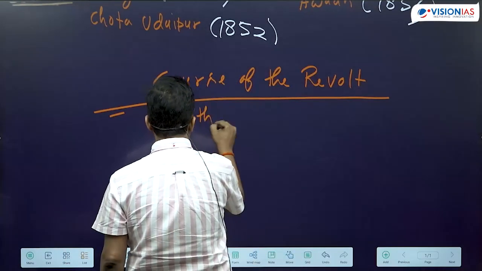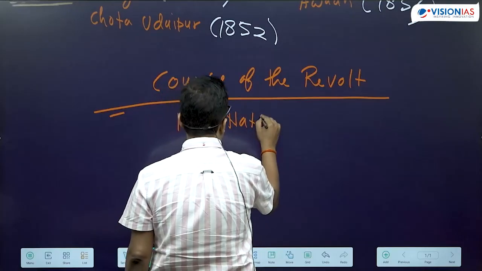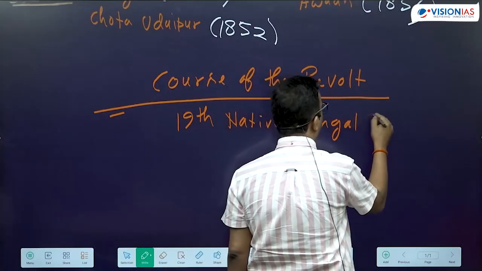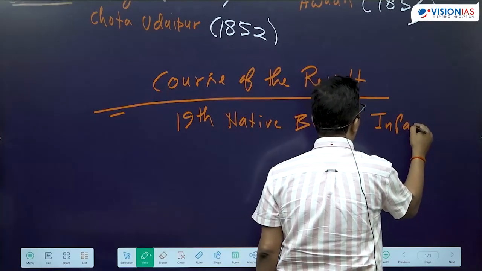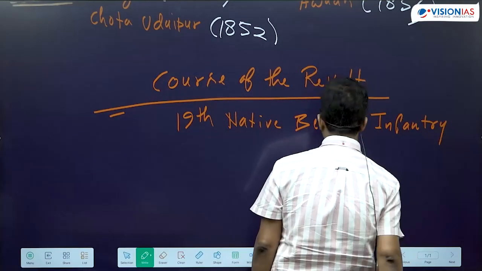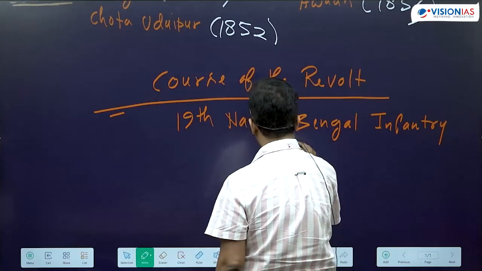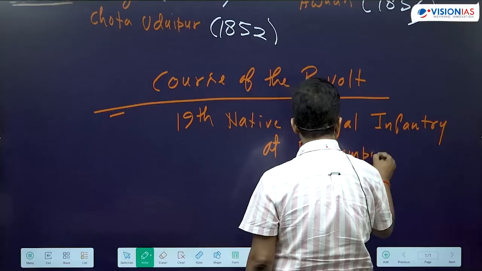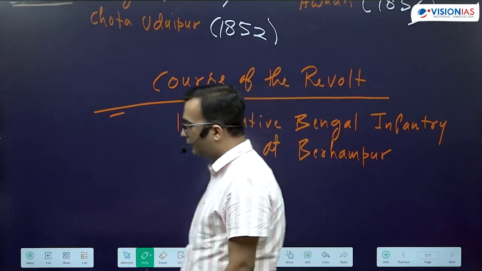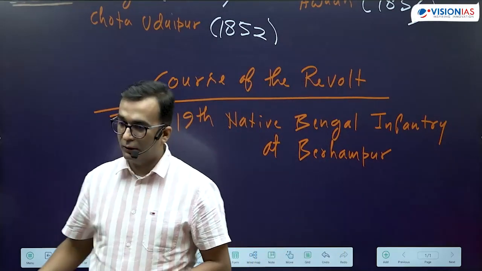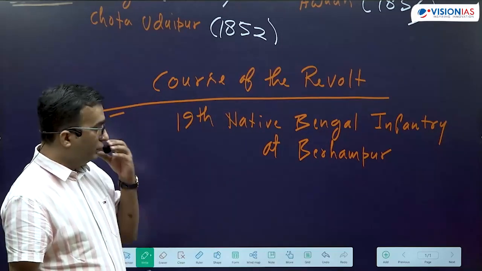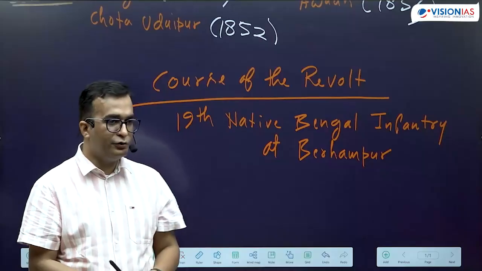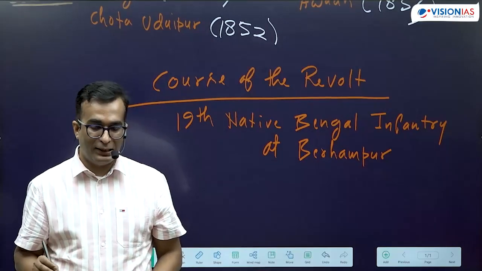19th Native Bengal Infantry at Berhampur, Bengal, refused to use the greased cartridges.